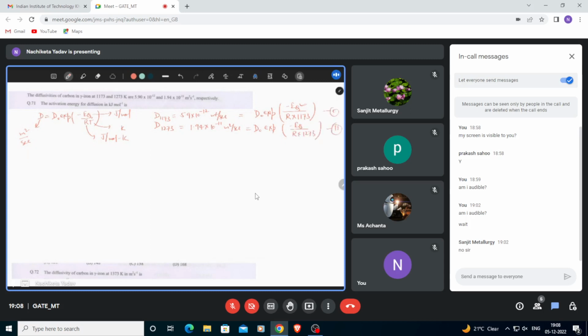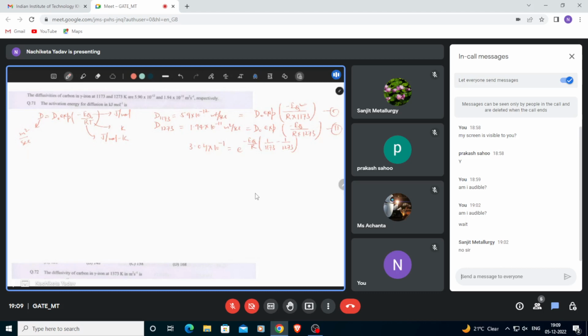If we divide, we will get 3.04 into 10 to the power of minus 1 equal to, D0 will cancel out, and it will be e to the power minus Q by R into 1 by 1173 minus 1 by 1273.